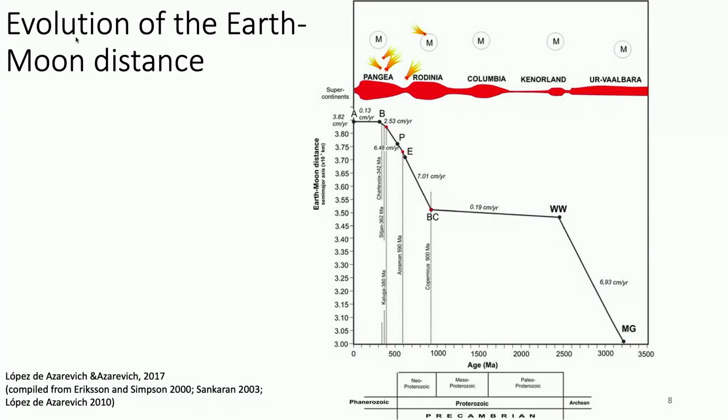This graph takes off 3.2 billion years ago, showing how the Earth-Moon distance changed as a function of time toward the present day. They use Archean and then Proterozoic and then Phanerozoic sedimentary rocks. And so you see how the Earth-Moon distance evolved as a function of time.